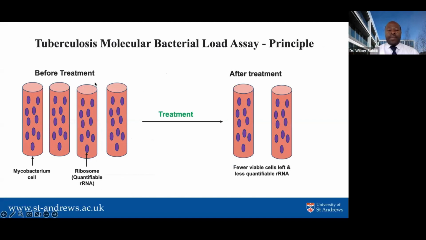So the principle, in a kind of pictorial way, is that before treatment we assume there are many TB bacteria in the sample, and inside the TB bacteria there are ribosomes, which are the ones that our assay targets. Then when treatment begins, these cells are reduced in number, so we are left with fewer cells, and that means less ribosomal RNA that we can quantify.